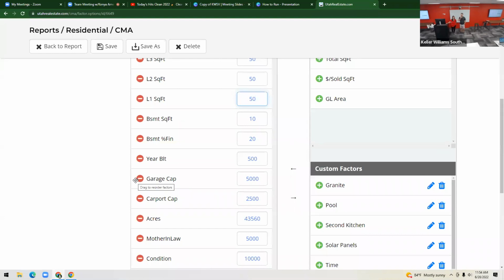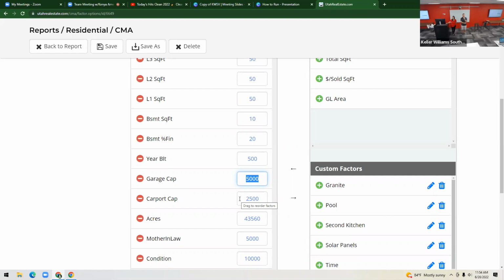Garages, we kind of touched on a little bit. I found that initial house A, house B just on the internet, and it came out to $5,000 per bay, which is about what I do here. So $5,000 to $10,000 per bay for a garage. And again, that's going to vary where you are.